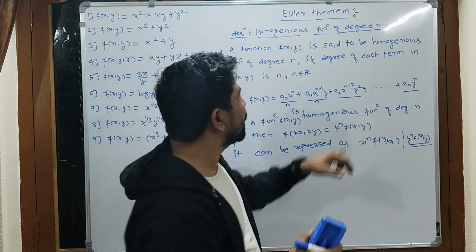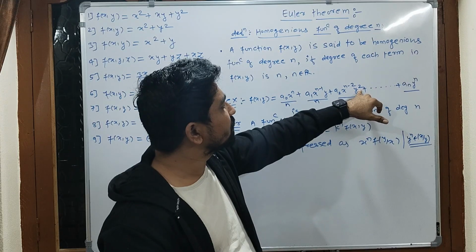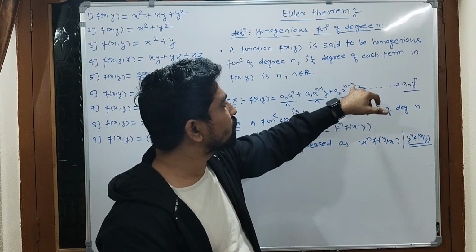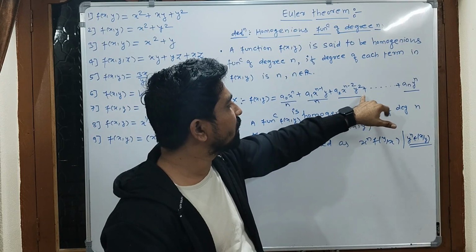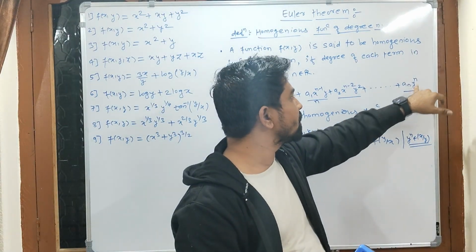In the same way, in x to the power n minus 2 into y square, the degree of y is 2 and the degree of x is n minus 2, so n minus 2 plus 2 is n. In the same way, the degree of the nth term is n.